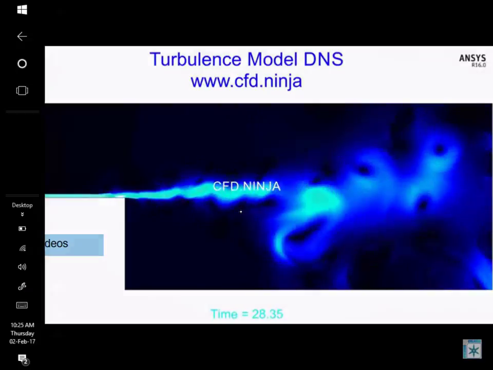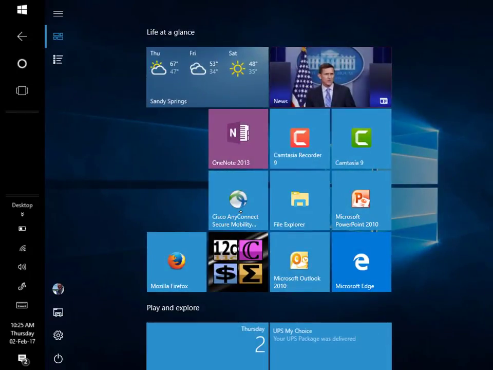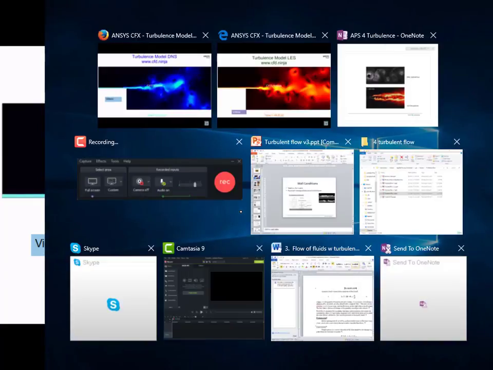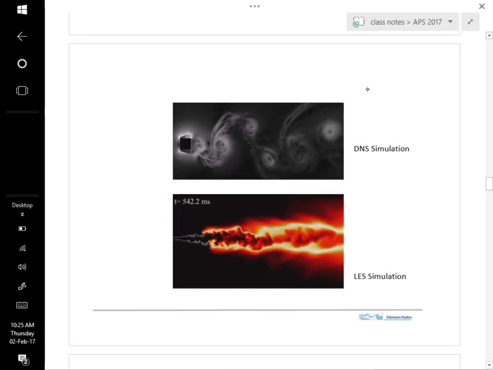Computationally, this is fairly computationally intensive. And so for our purposes, we're going to focus on this Reynolds average method, okay?